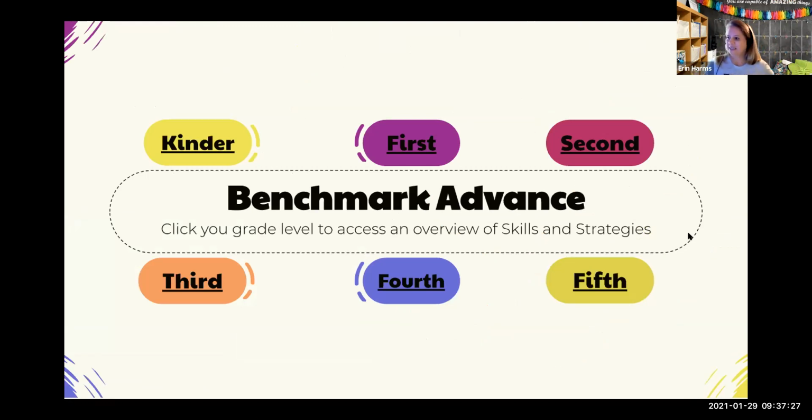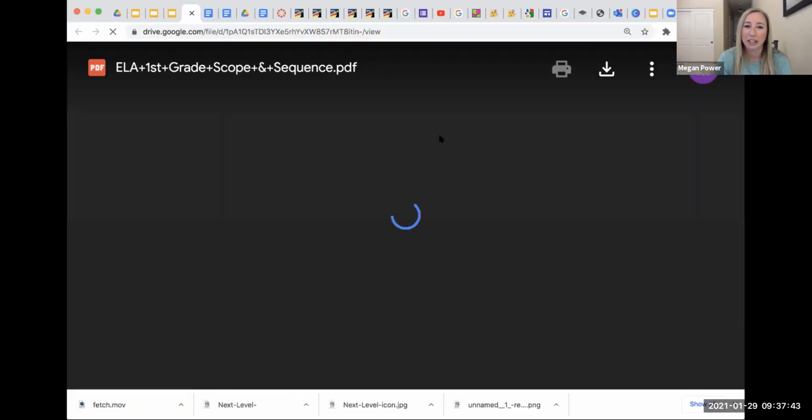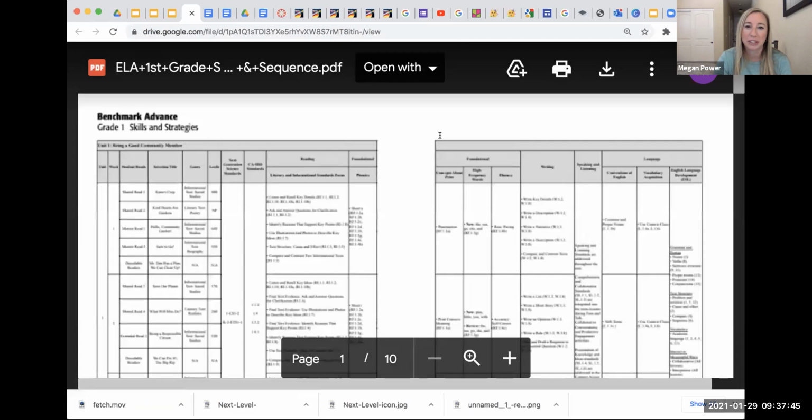Yes, thank you, Erin. So this is one of the resources that you have access to on the slides. You'd have to dig into your benchmark to be able to find these, and we found this to be very helpful since we have a lot of first grade in here. I'll click and go to first grade, ignore all my millions of tabs.